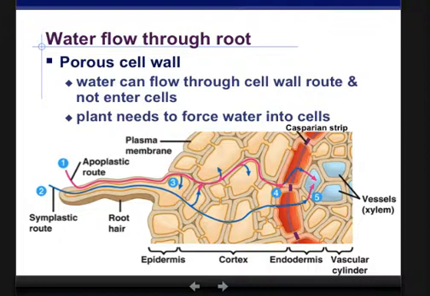All right, so we're going to see this in some more detail. But what I want you to take in from this slide is that we have these two different routes, okay? And the whole point is to get from the soil through the root hair, through the dermis, through the cortex of the plant, and through the endodermis to get to this vascular tissue, the xylem vessels, right?